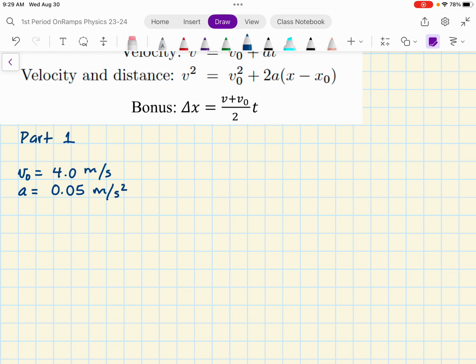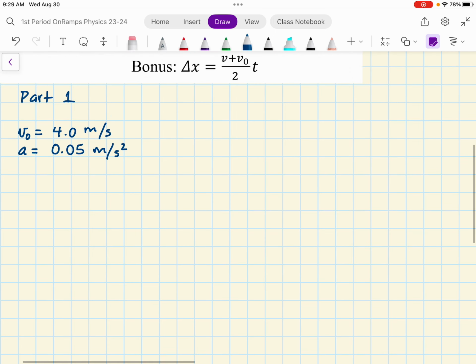I should, but I am not. And then we're given a time of 8 minutes. We know that the SI unit for time is seconds. So all we have to do is convert the 8 minutes to seconds. All we do is multiply 8 minutes times 60 seconds, and we'll get 480 seconds.